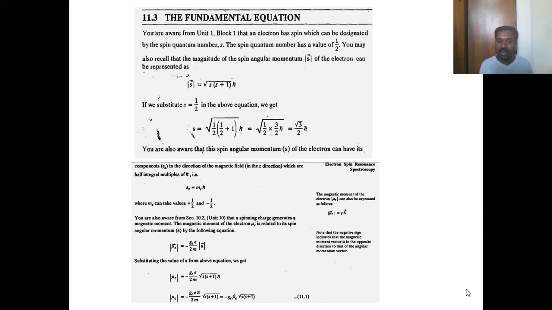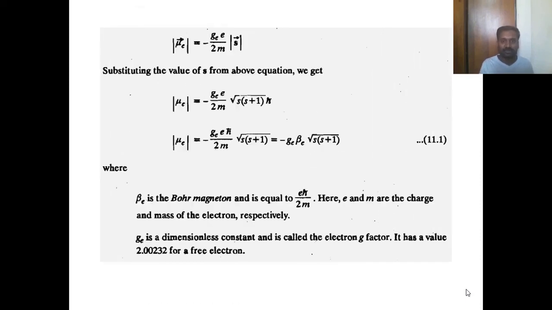So now we are looking into the magnetic moment created by the spinning electron, which is given by the expression mu e is equal to g_e e divided by 2m into S. We all know the S equation, which is square root of 3/2 h. We can substitute there and get the expression for mu e, the magnetic moment. This slide explains how you get mu e.